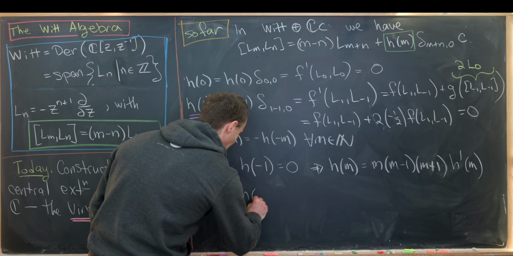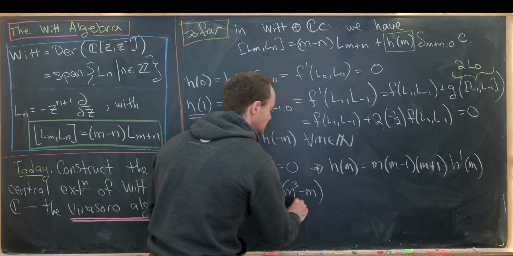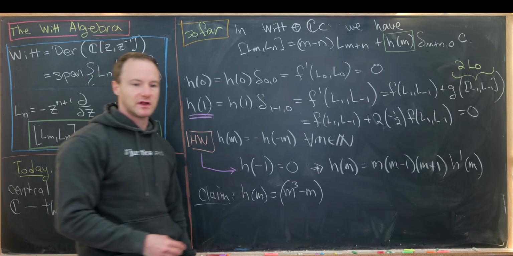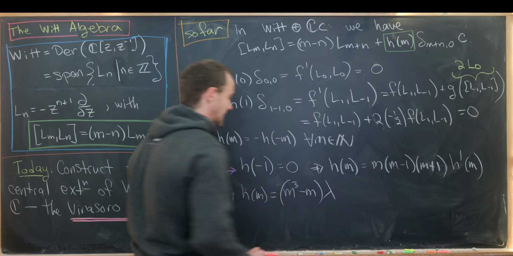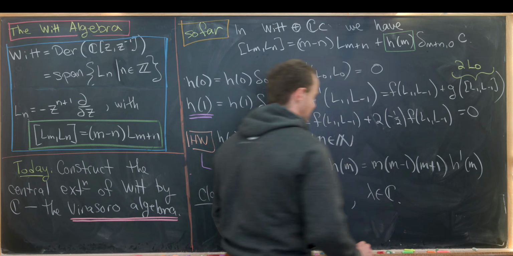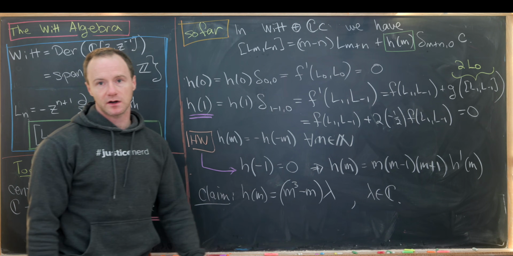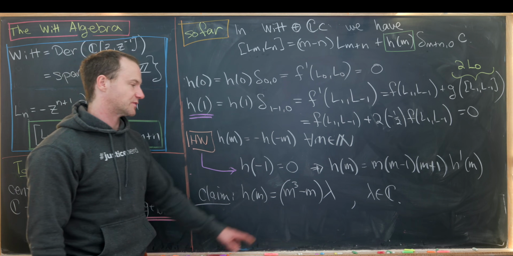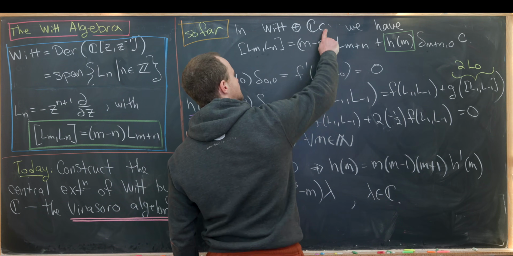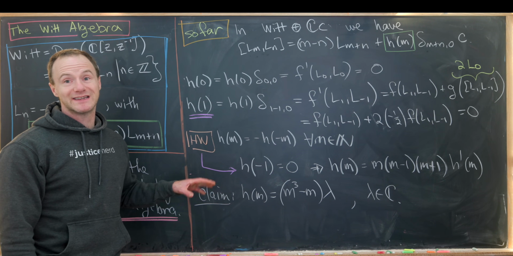In other words, we have h of m is equal to m cubed minus m, times lambda, where lambda is a complex number. Notice that's just the expansion of m times m minus 1 times m plus 1 times lambda. And this is actually a free complex number. Regardless of what we choose here, we get an isomorphic algebra, and we can see that just by taking this lambda and absorbing it into this basis vector up here. So this is the claim that we're going to prove that will take us home.